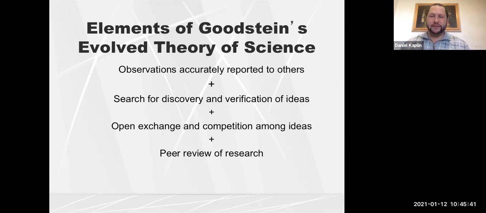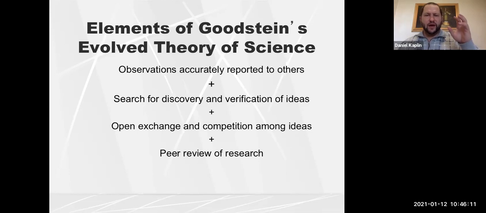Now let's shift gears a little bit. So Goodstein talks about the evolution of science, right? So Goodstein's evolved theory of science. He says, in order for science to evolve, there are 4 things that must occur. The first, and I'm going to go through all 4 of these on the next couple slides, is that observations must be accurately reported to others.